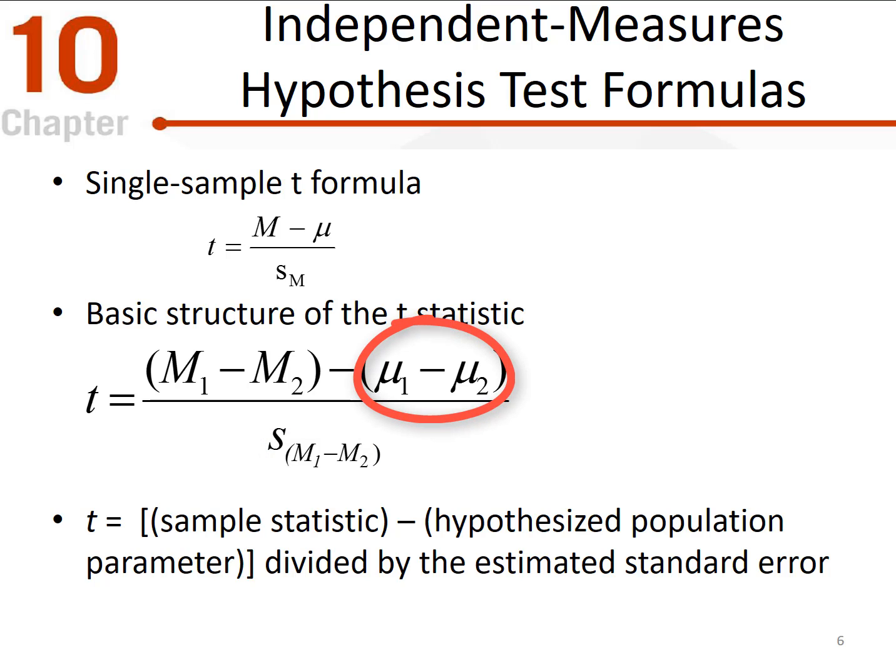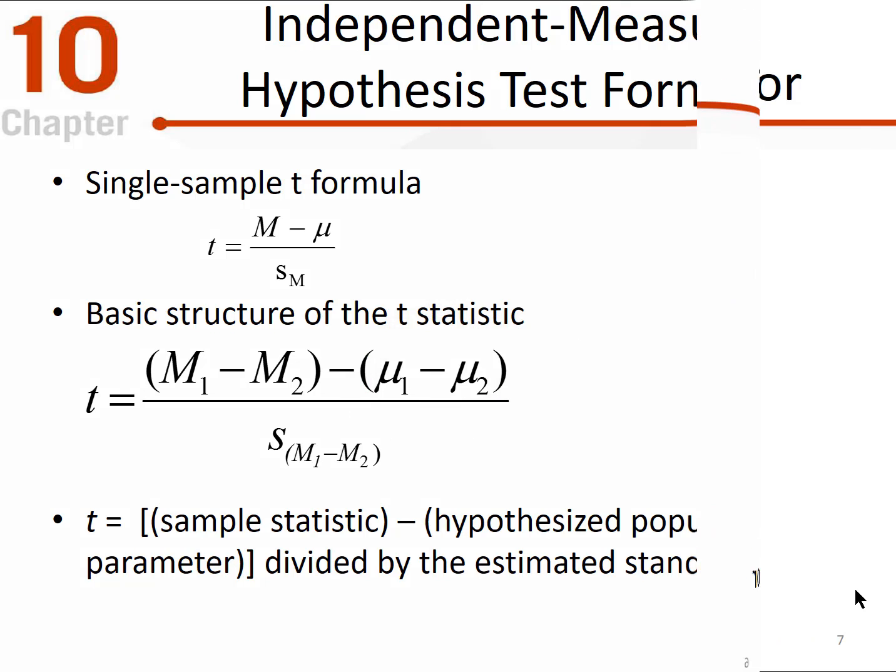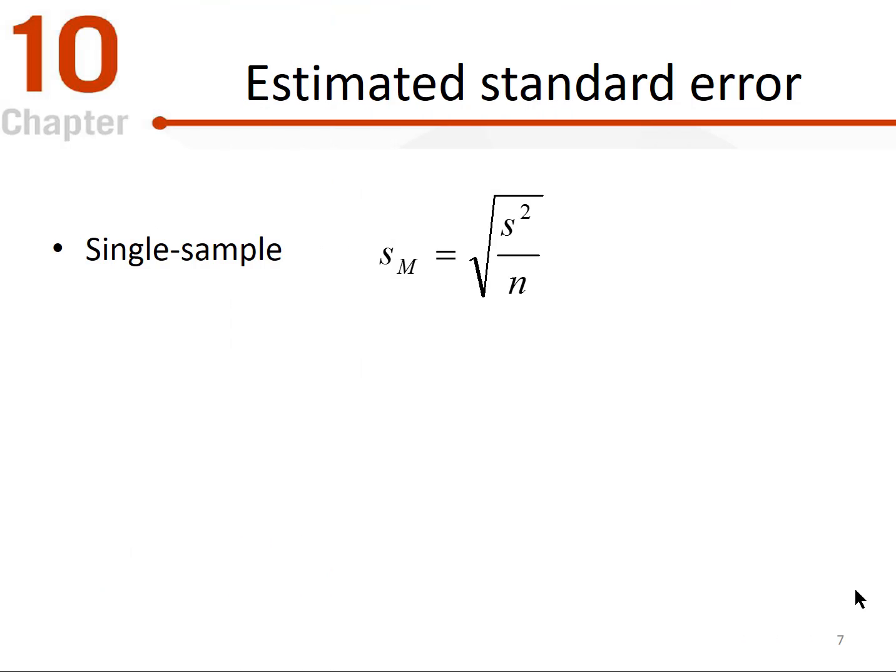And remember, the population mean is always based on the hypothesis that there is no difference. So that part will always equal 0. The same goes for the estimated standard error, since now we have to consider this for two different samples.